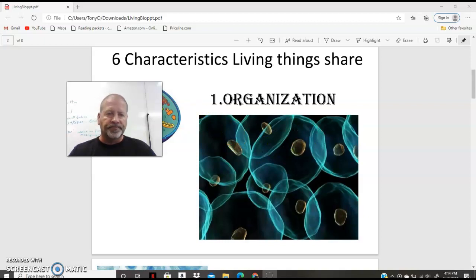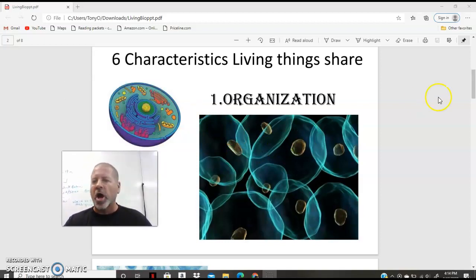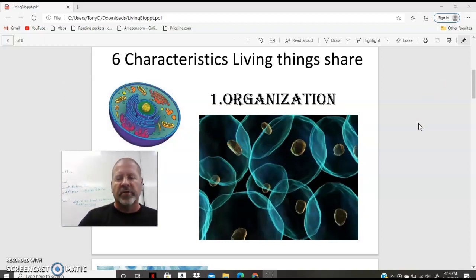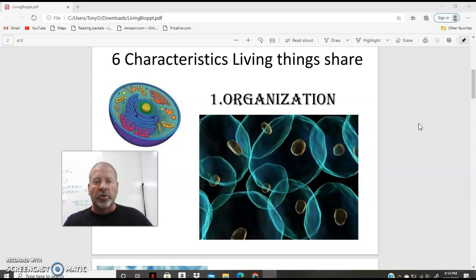The first one, and some things that are not living actually have this, like, for example, a brick wall has very good organization. You use straight lines, and you can usually predict where the sequence of bricks will be. But one thing that all living things have in common is organization at some level.